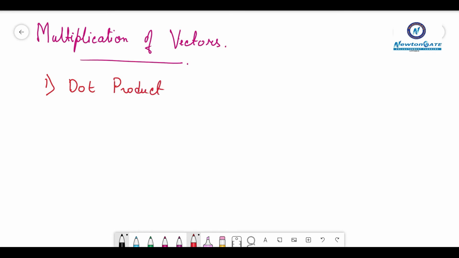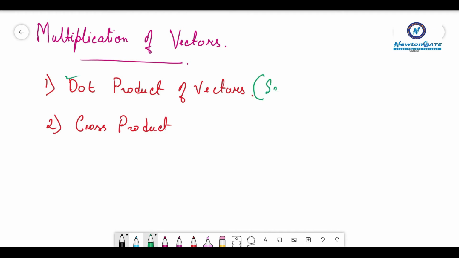The second method is called the cross product. So, dot product and cross product. Why two different names and why two different types? When I multiply two vectors using the dot product, I get a scalar value.